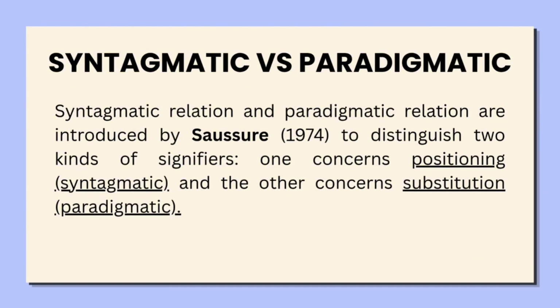For example, in the sentence, "The girl is pretty," we can replace pretty with ugly or polite. That is paradigmatic relation, but the other, "the pretty girl," shows syntagmatic relation because the words work together in a structure.